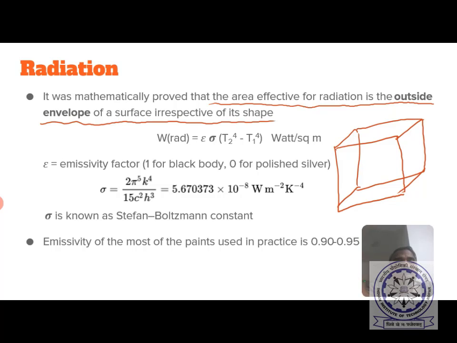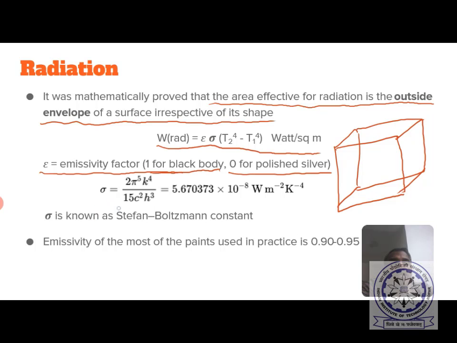What is the total area? That matters. And the radiation is given by this formula, epsilon sigma (T2 to the power of 4 minus T1 to the power of 4) watts per square meter, where epsilon is the emissivity factor. It is 1 for a black body, 0 for polished silver.